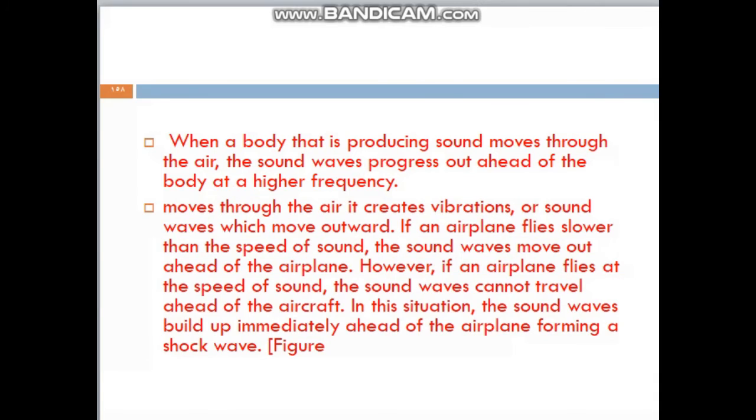If an airplane flies slower than the speed of sound, the sound waves move out ahead of the airplane. However, if an airplane flies at the speed of sound, the sound waves cannot travel ahead of the aircraft. In this situation, the sound waves build up immediately ahead of the airplane, forming a shock wave.